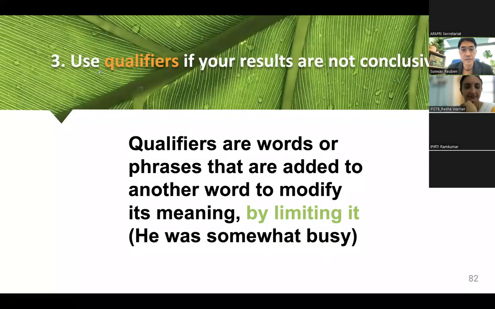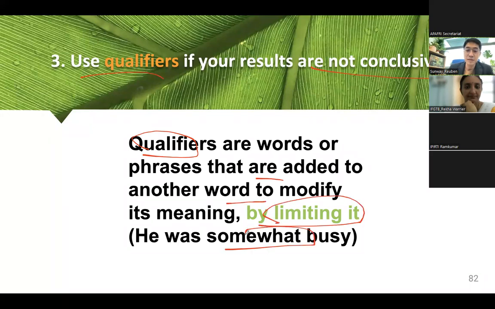Okay, number three, use qualifiers in your results if you're not confident, if they're not conclusive. In science, facts are rarely the products of our research. We rarely come up with laws or theories. We come up with some kind of finding that may suggest something, but it's not conclusive. Qualifiers are words or phrases added to another word to modify its meaning by limiting it.